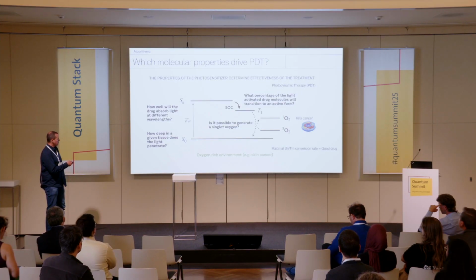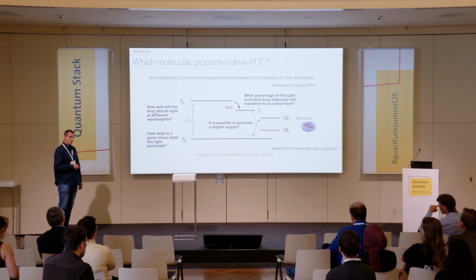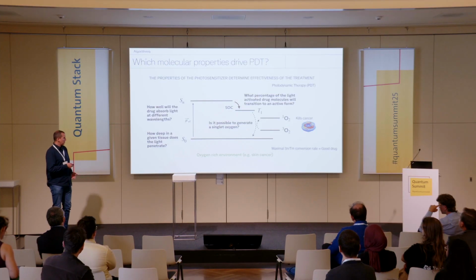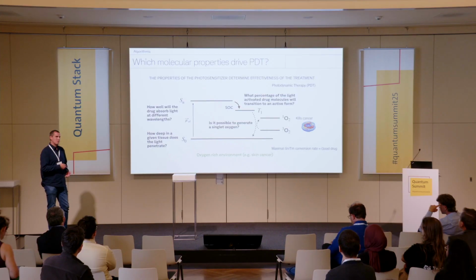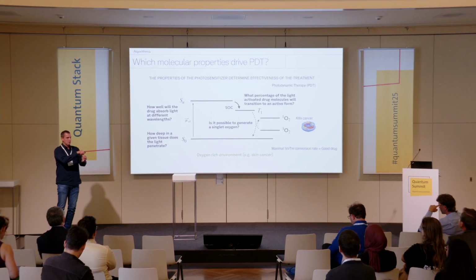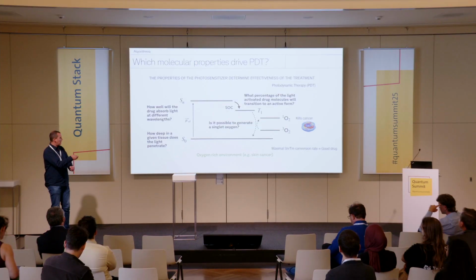So all these different properties here shown on these arrows, that's something one can actually compute. And hence, if one is able to predict this in advance, one can actually find out what kind of wavelengths is needed, so what kind of laser do I need to shine on a patient who has taken this drug, and how effectively is the light energy then transformed into chemical energy, okay?